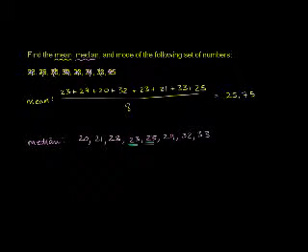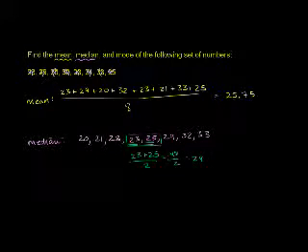And 25 by itself can't be the median because there's 3 larger than it and 4 less than it. So what we do is we take the mean of these two numbers and we pick that as the median. So 23 plus 25 divided by 2, that's 48 over 2, which is equal to 24. So even though 24 isn't one of these numbers, the median is 24. So this is the middle number.